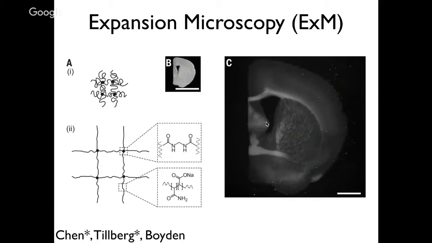The way they do that is by infusing the brain tissue with a swellable polymer, sodium polyacrylate, which, when it is exposed to water with a low salt content, will start to create chains that repel each other, and will swell and hydrate as an expanding hydrogel, and will actually blow up the sample physically, initially in what they demonstrated by about 4 or 5 times along an axis.